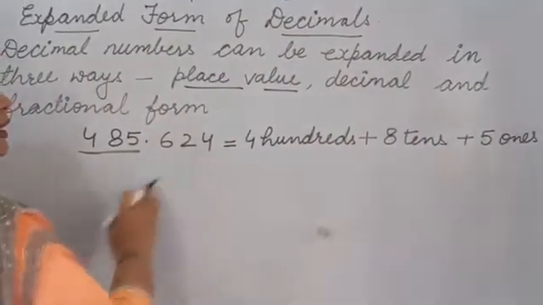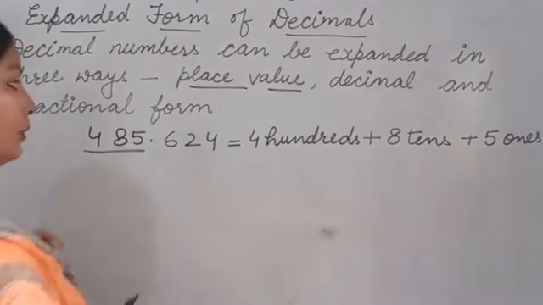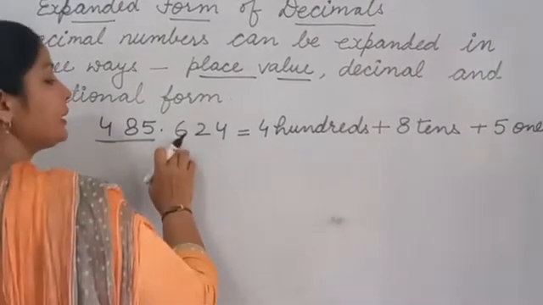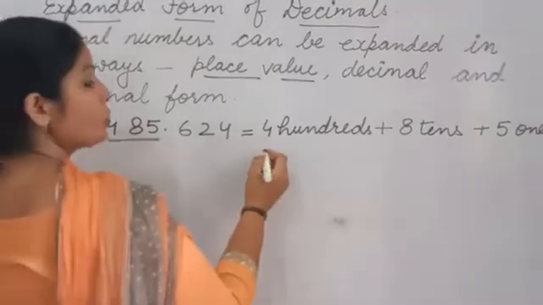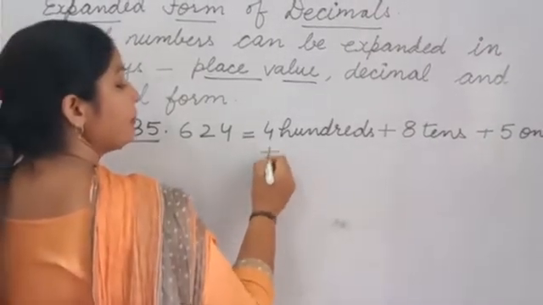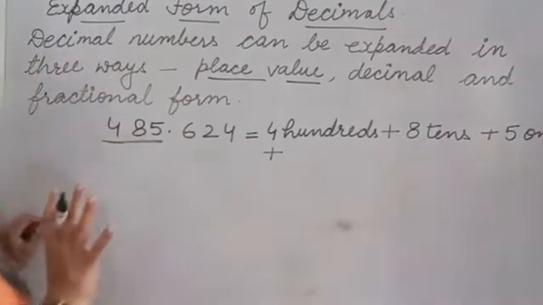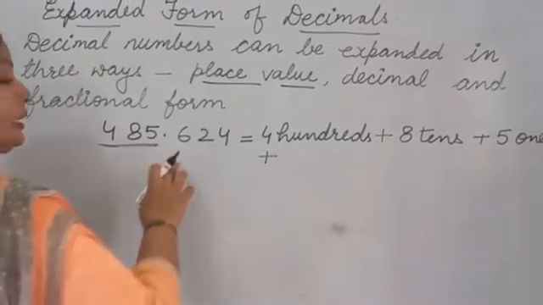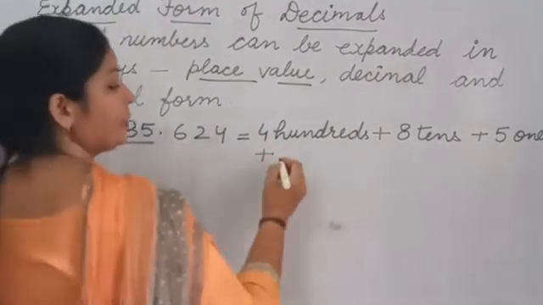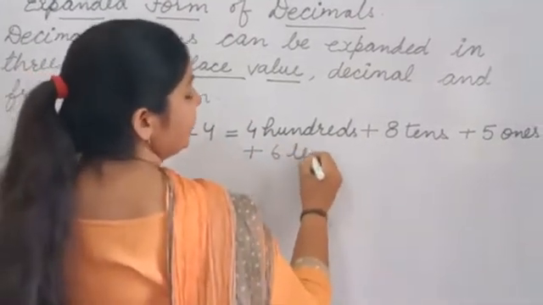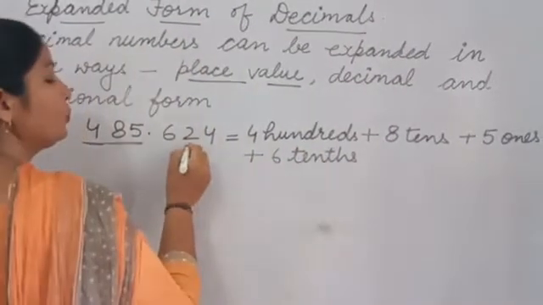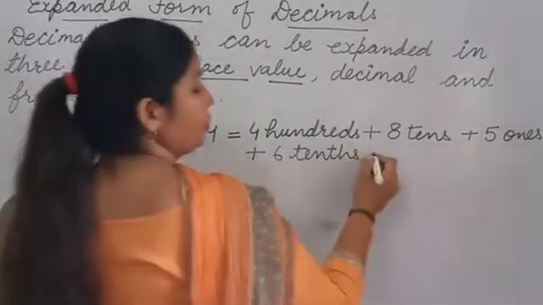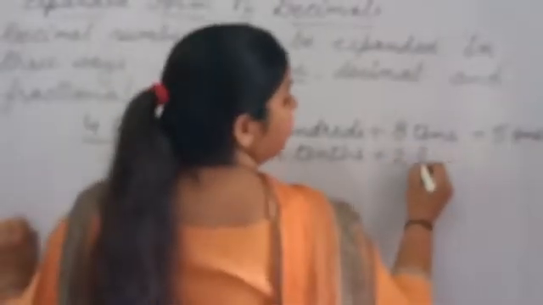Now we come to the decimal part. Okay. So what we call it? 6 tenths. Its place value is 6 tenths. So at the place of decimal we will not write anything. Only we will use plus form. Okay. Now 6 is at which place? Tenths. So we write here 6 tenths. Then after that 2 hundredths. So plus 2 hundredths.